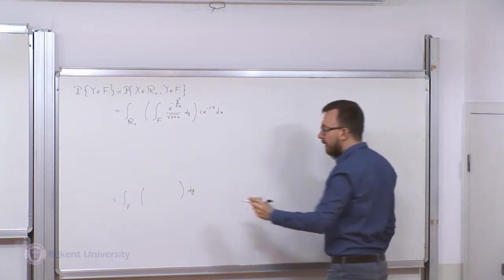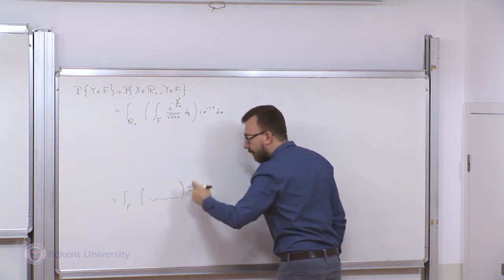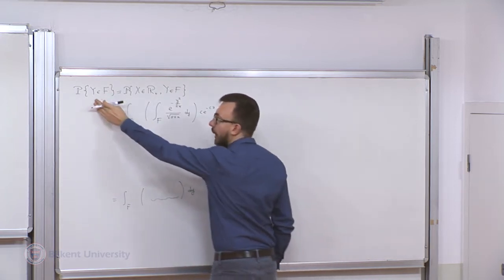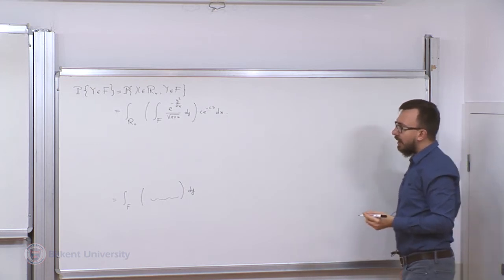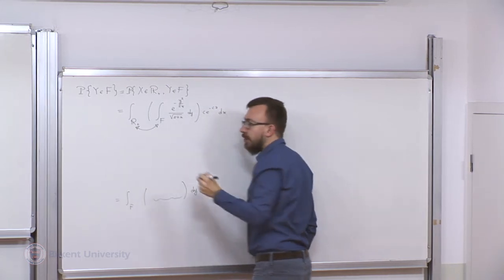Because if we can write it down in this form, we would conclude that this is the probability density function of Y, right? So to be able to do that, we have to swap the order of integration here.